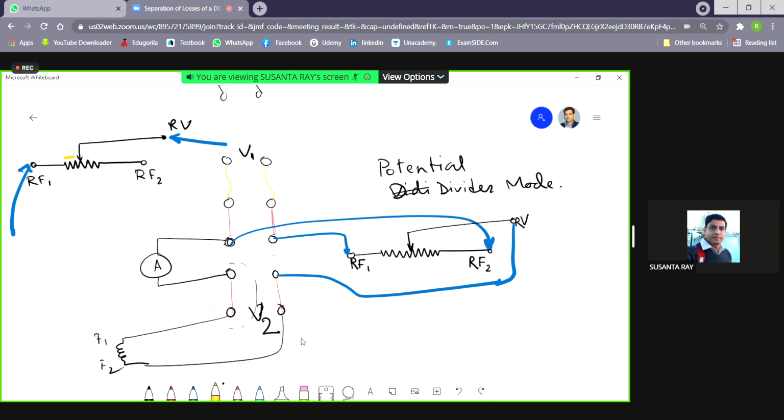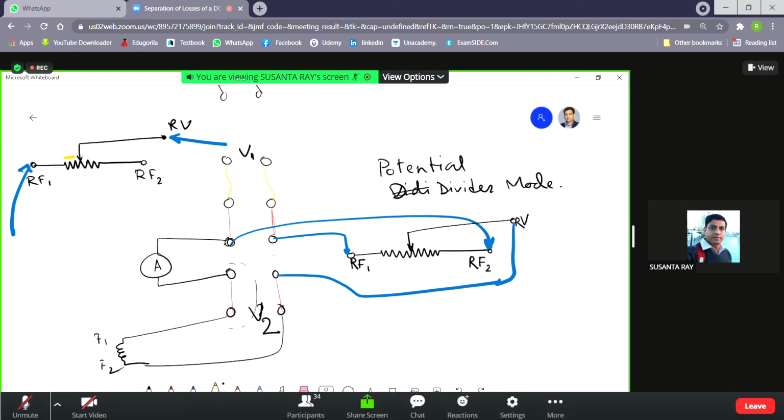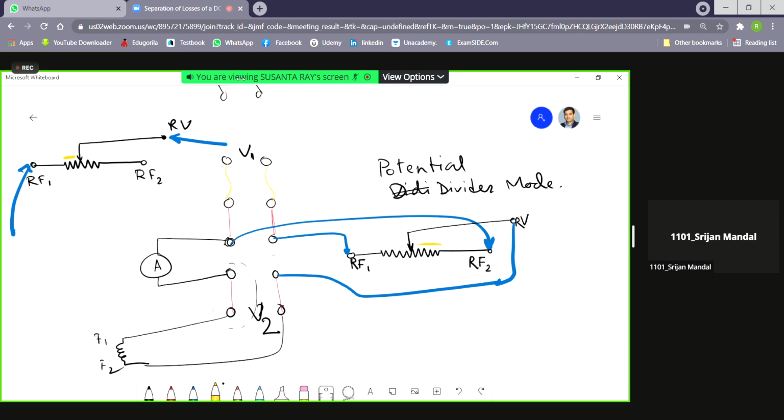And here, which part of the resistance or the voltage will you get in the second circuit? Follow? Between F2 and RV. Correct. Yes, sir. So this part of the resistance or voltage you will get. So across these two you will get the V2. So these are the connections.